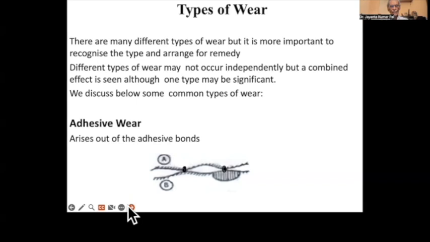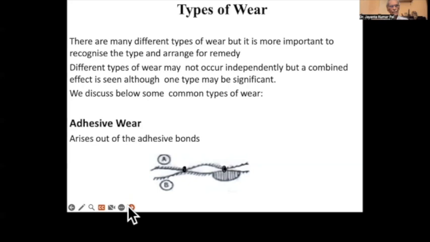Now, frankly speaking, when two surfaces are slid one against another, no particular type of wear takes place at a time. There is often a combined form of wear. We have to recognize the most predominant type of wear and try to arrange for its remedy.